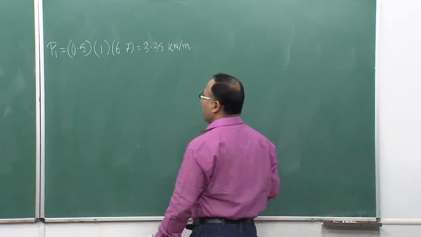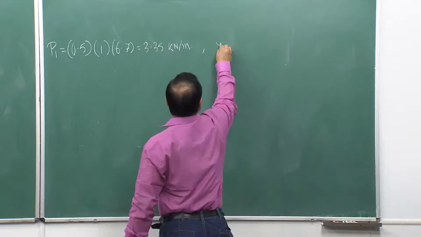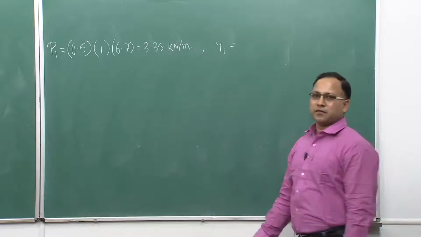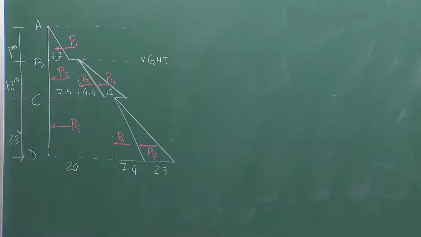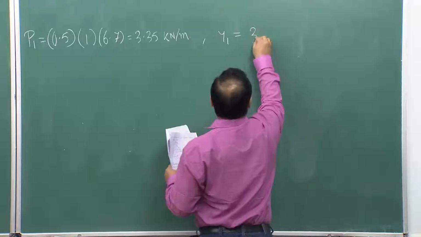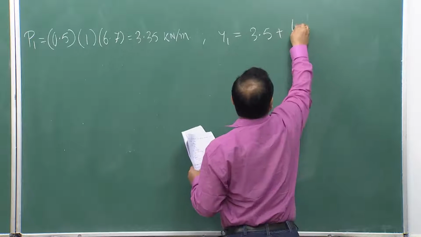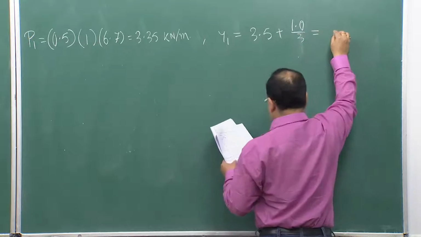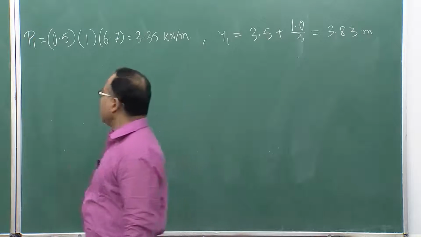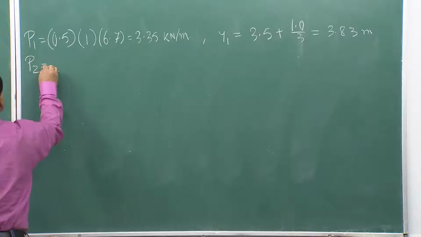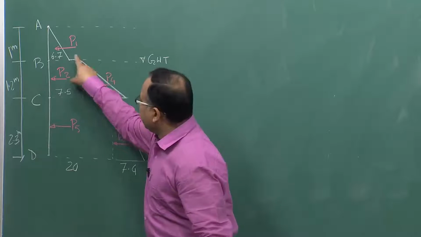Okay. And where it is acting from the base, if I say that is Y1? 2.3 plus 1.2 plus 1 by 3. That means 2.3 plus 1.2 is equal to 3.5, plus 1 by 3, which comes as 3.83 meter. Similarly, I can calculate P2, which is nothing but the area of this rectangle.